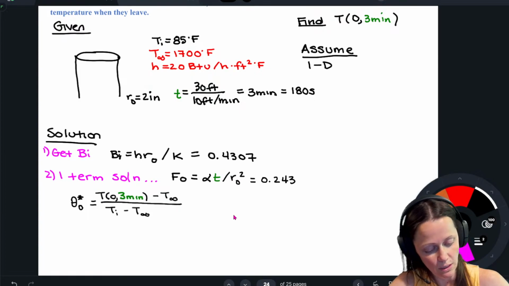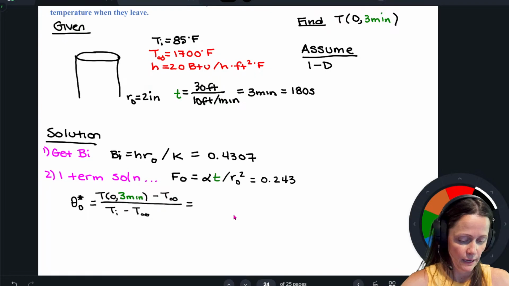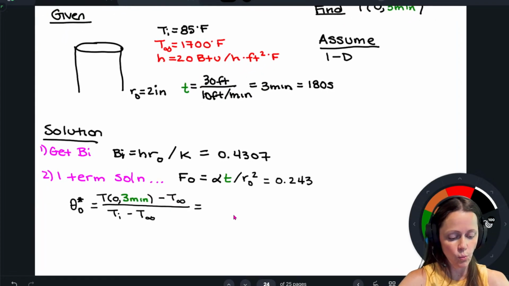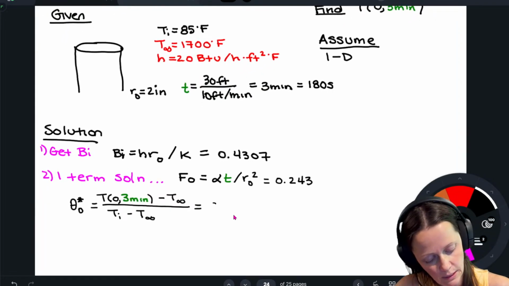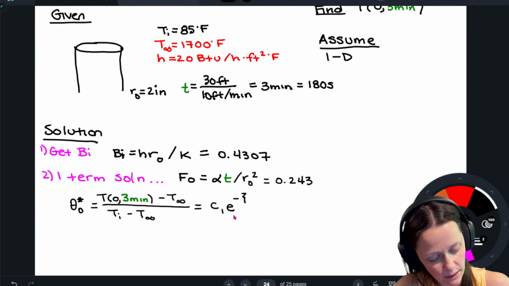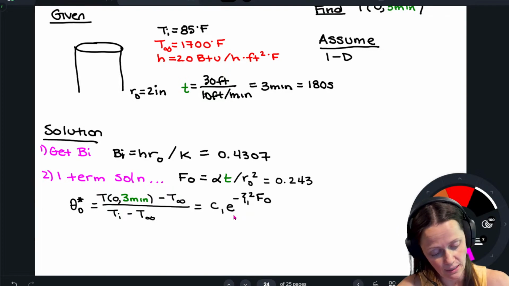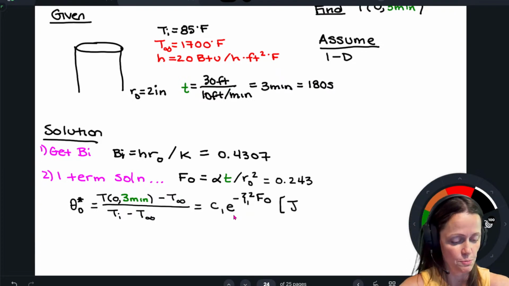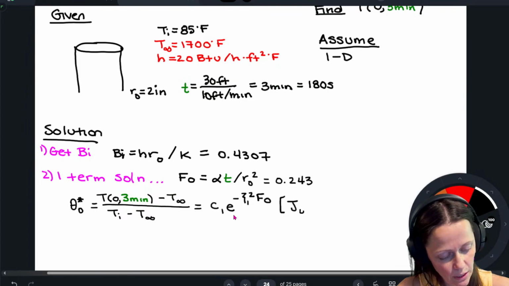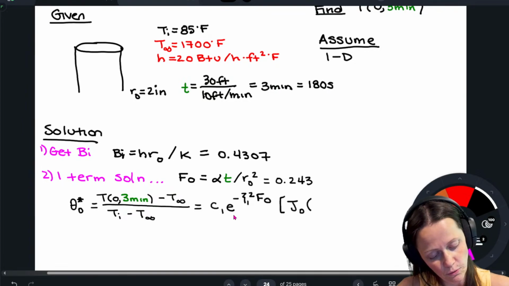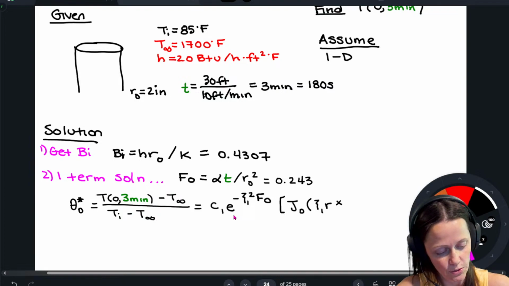And I've got those things too, got T initial. And this is equal to C1 e to the negative zeta 1 squared times our Fourier number, which I already calculated. That's nice. Then we've got the spatial dependence portion of it. So Bessel function, and we are inputting zeta 1 and r star.